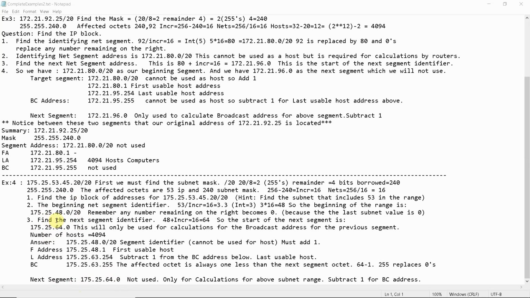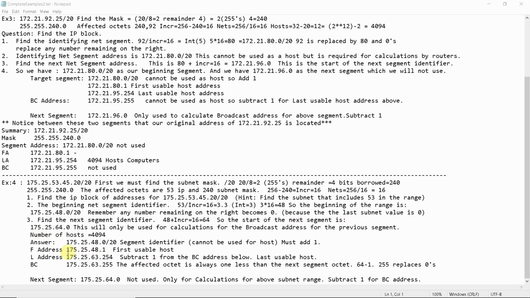It's because we have 48. 53 became 48. And for the next one, we take 48 and add the increment of 16 to it. So the next segment is 175.25.64.0.